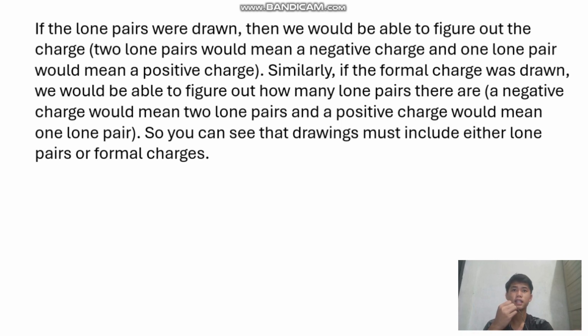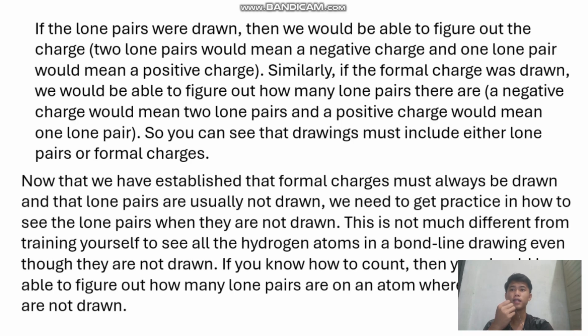So you can see that drawings must include either lone pairs or formal charges. Now that we have established that formal charges must always be drawn and that lone pairs are usually not drawn, we need to get practice in how to see the lone pairs when they are not drawn.